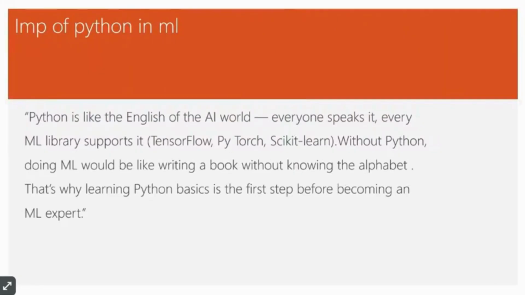First, we know that Python contains so many libraries: TensorFlow, PyTorch, scikit-learn. Without these libraries we cannot use machine learning. As we know, why we use machine learning: machine learning is a model.